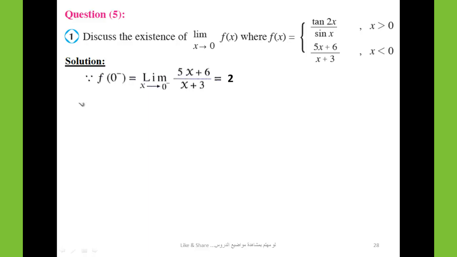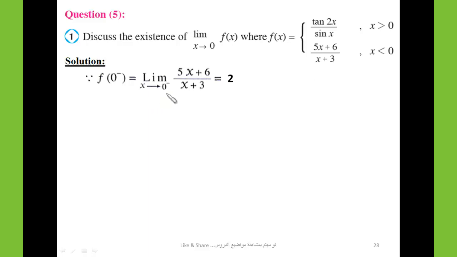First, a, because in this question we have two parts, a and b. So to answer a, we calculate f of 0 from the left, which equals the limit of (5x plus 6) over (x plus 3) as x tends to 0 from the left.